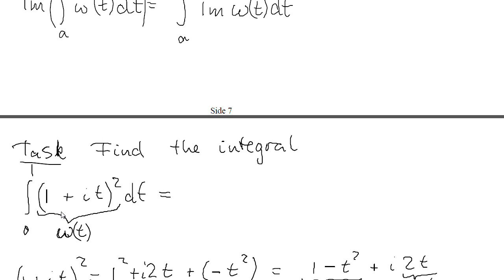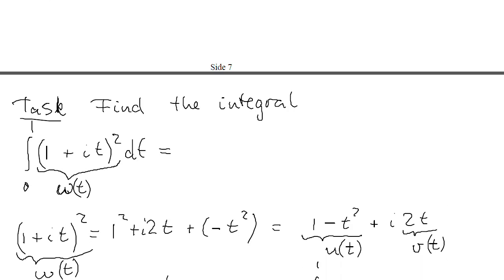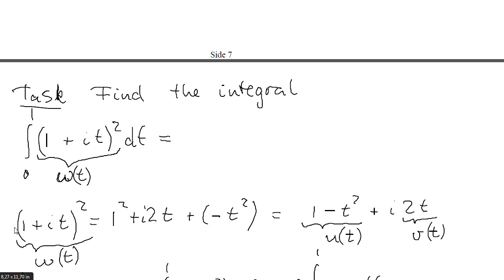We should integrate the real part of w of t, which we call u, and we should add this to I multiplied with the integral of the imaginary part v of t. So first we have to find this u and v. This is really easy to do. We just compute it directly and find that u of t is equal to 1 minus t square, and the imaginary part is equal to 2t.